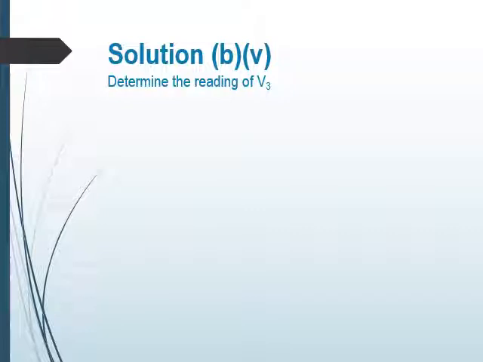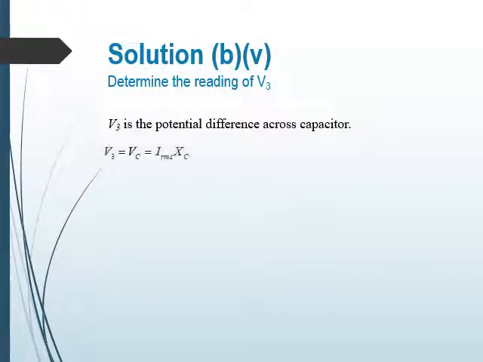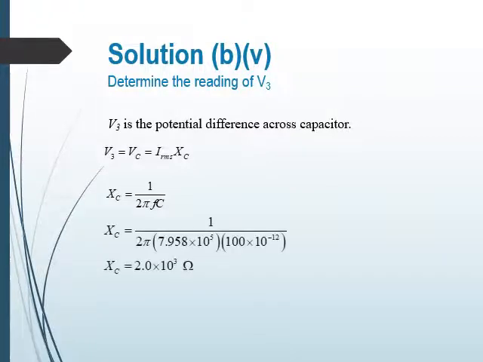Question 5 determines the reading of V3. In this case, V3 is the potential across the capacitor. Therefore, V3 is equal to VC, which is equal to IRMS XC. So to calculate VC, let us determine XC first. XC equals 1 over 2 pi FC. Substitute the values into the equation. XC is then equal to 2 times 10 to the power of 3 ohm.